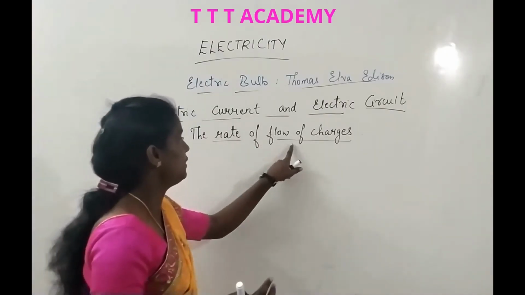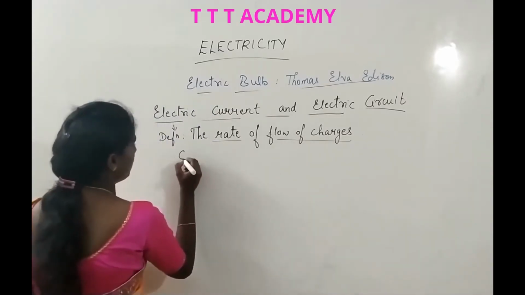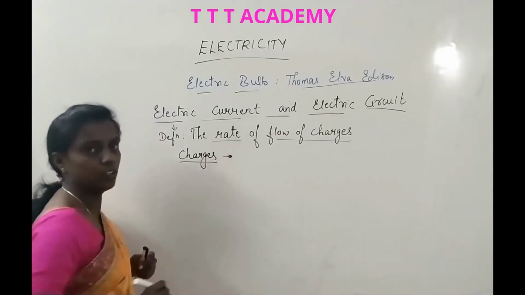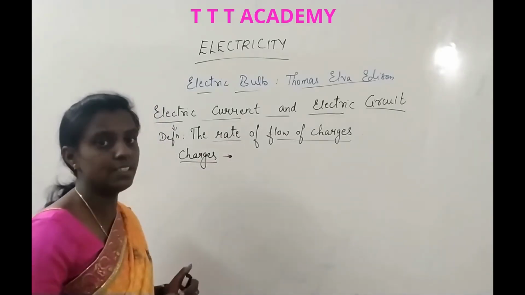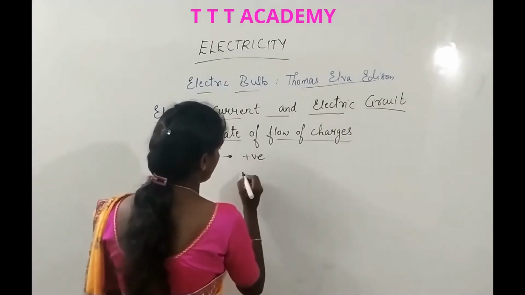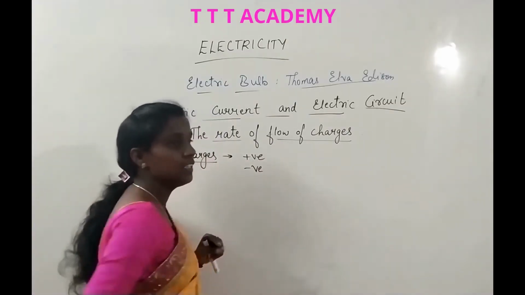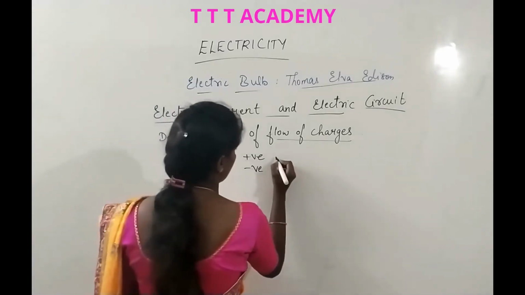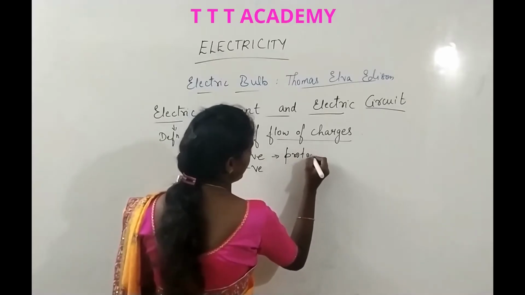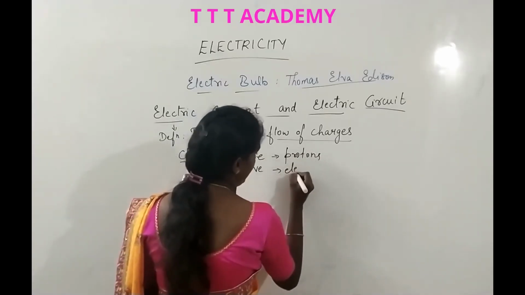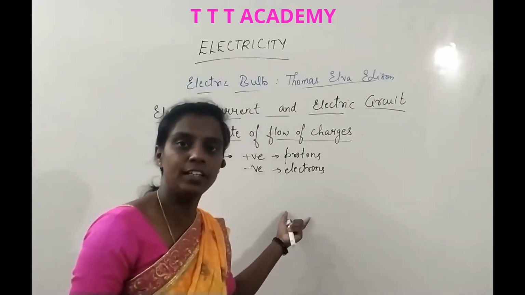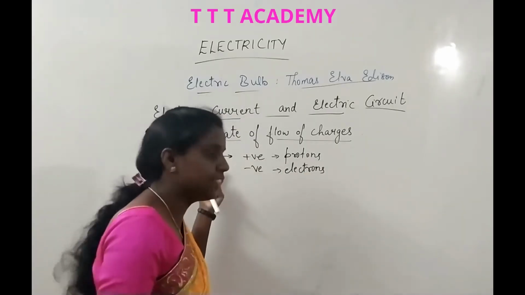Okay. First I will explain what you mean by charges. Charges, in the sense, we have two types of charges. One is positive charge and another one is negative charge. You know that positive charges we call protons and negative charges we call electrons. So, where do you get these protons and electrons? Where do you get these charges?